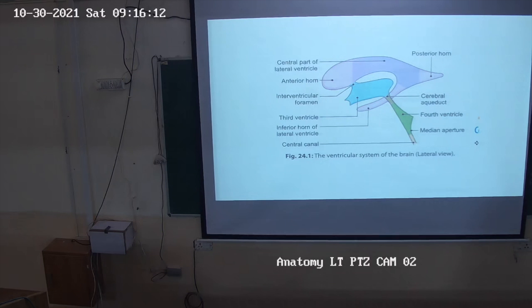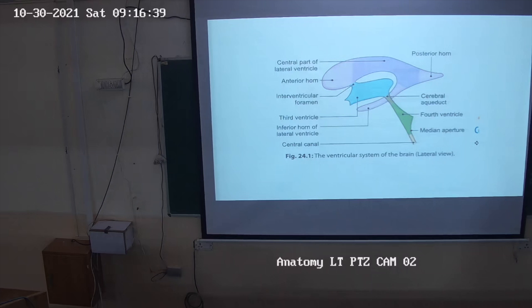So, the diencephalon, we divide this into the dorsal part and ventral part. The dorsal part includes the thalamus, lateral geniculate bodies, medial geniculate bodies, combinedly named as the metathalamus. The another part, the pineal gland and hypothalamus.